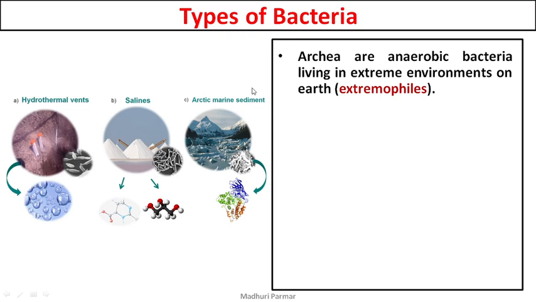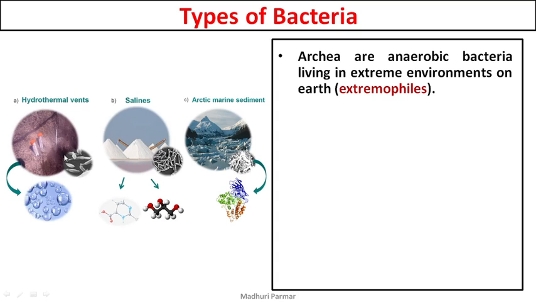The last type of bacteria are archaebacteria. Archaebacteria are mostly anaerobic, meaning they respire without the use of oxygen. They live in extreme environments, so they are known as extremophiles. What are these extreme environments? Let us say a hydrothermal vent. A hydrothermal vent is a hot water spring, a hot water pool.